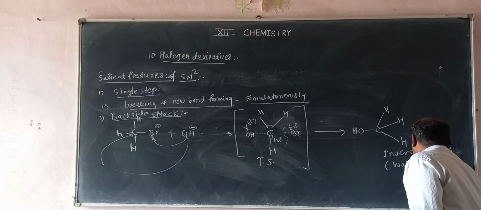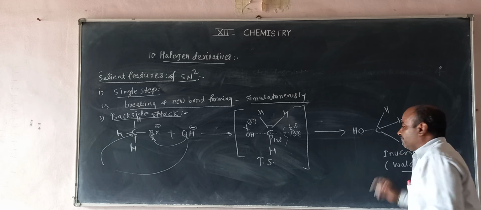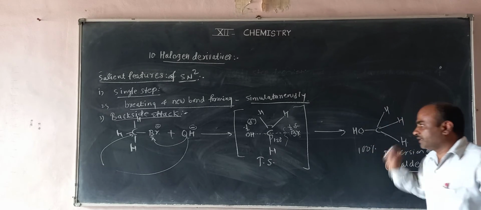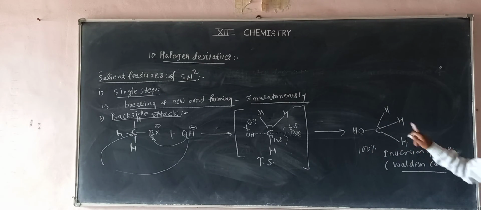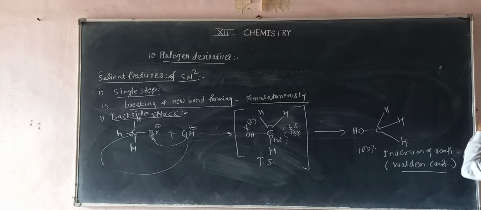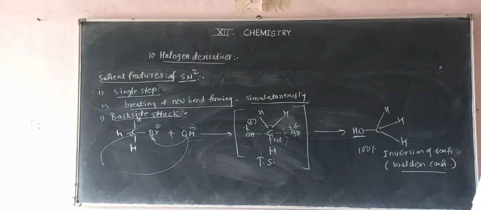Inversion or Walden type of configuration is obtained here. No doubt, 100% methyl alcohol product is obtained. Here the 3 hydrogen atoms lie again on the opposite side of the incoming OH group.